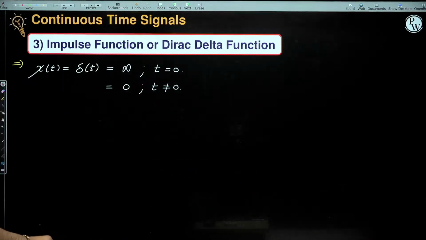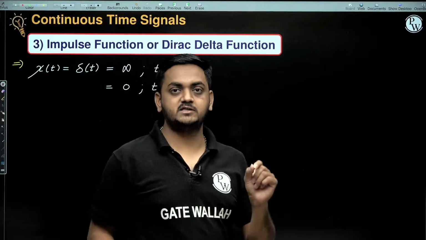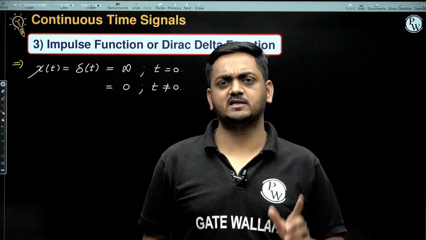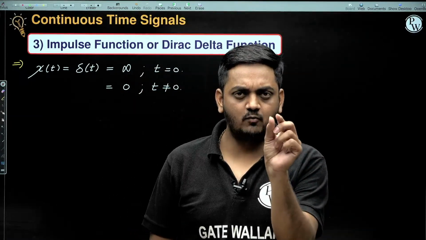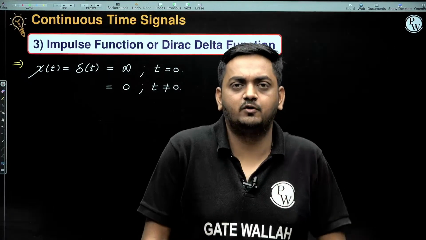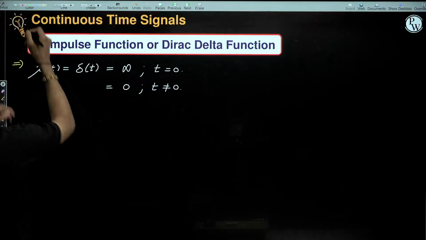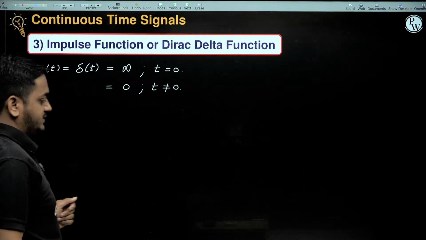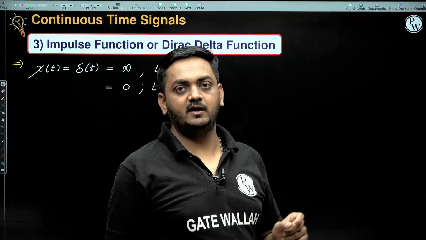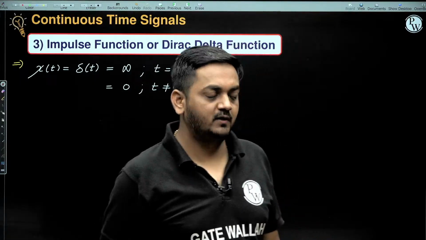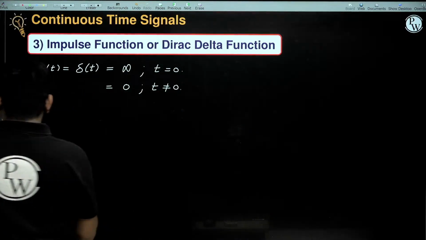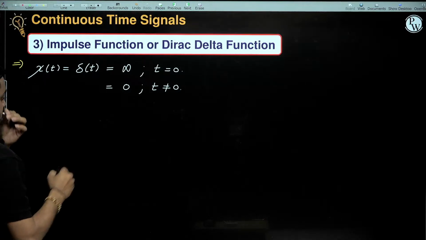So for a very small period of time, a very large amount of amplitude is present. You might have seen lightning in the sky in monsoon; that is an example of the impulse function, a sudden shock.